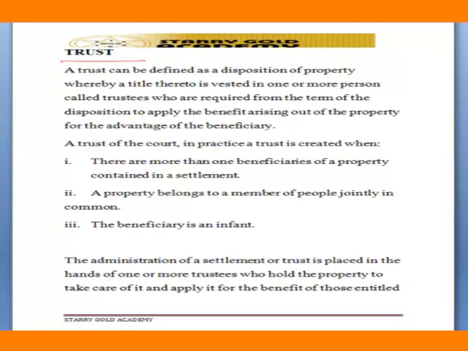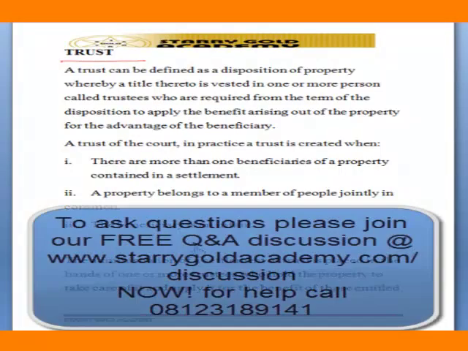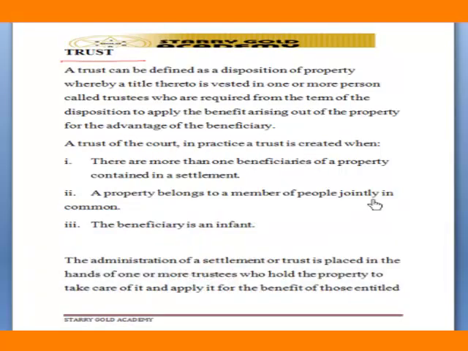In practice, a trust is created when any or all of this happens. Where we have more than one beneficiary of a property, we say a trust can be created.